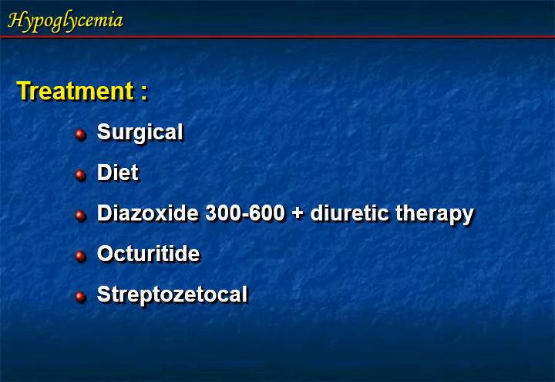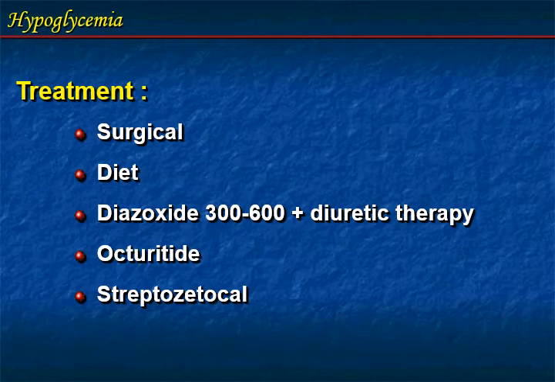Every 2 to 3 hours we give food which contains complex carbohydrates, such as bread, beans, fruits like apple, and we don't give simple monosaccharides such as sugars or sweets, because when we give them, they augment or increase the secretion of insulin. So concerning diet, we use frequent complex carbohydrates, and we avoid the simple monosaccharides.